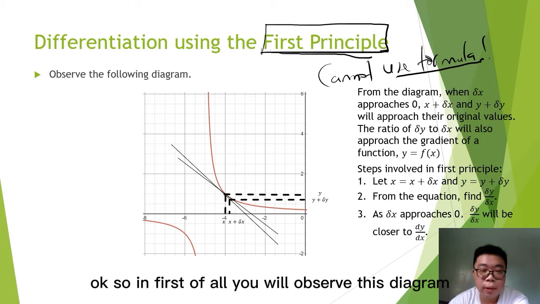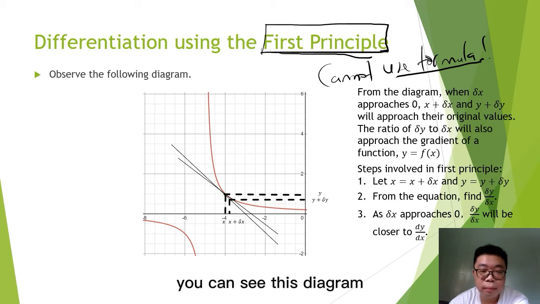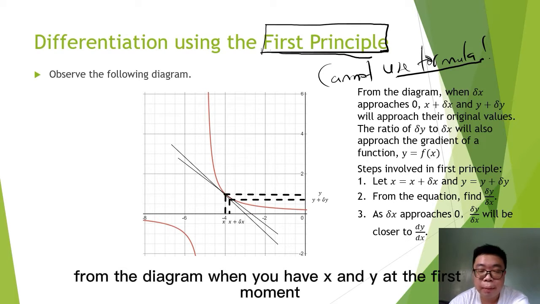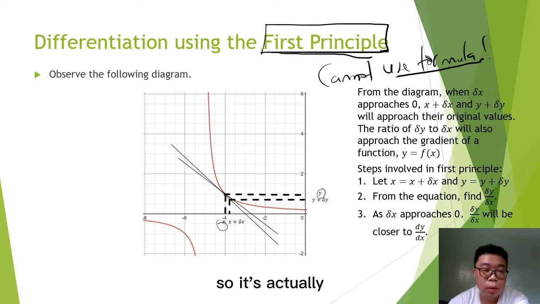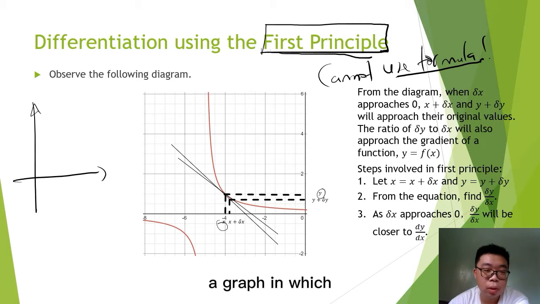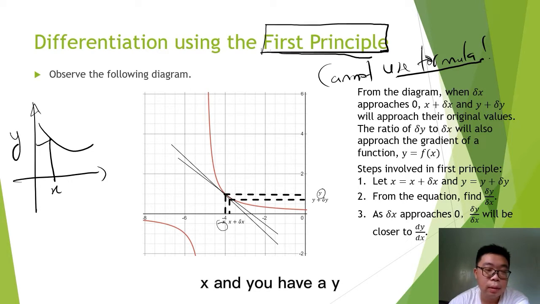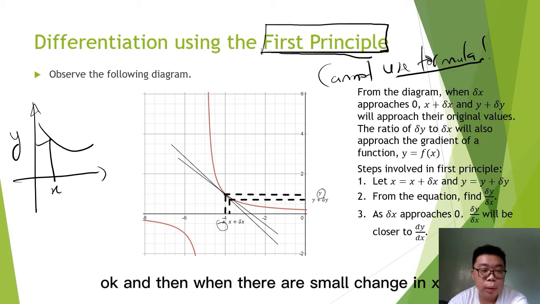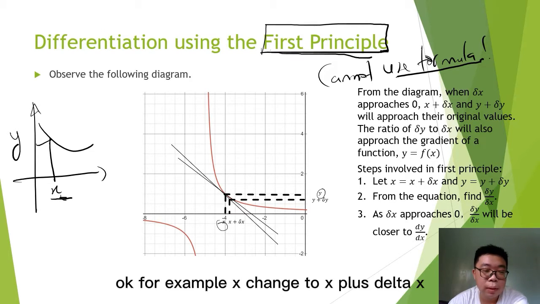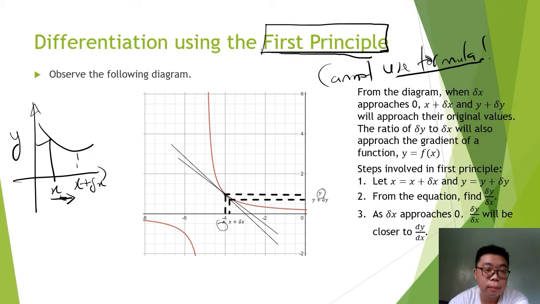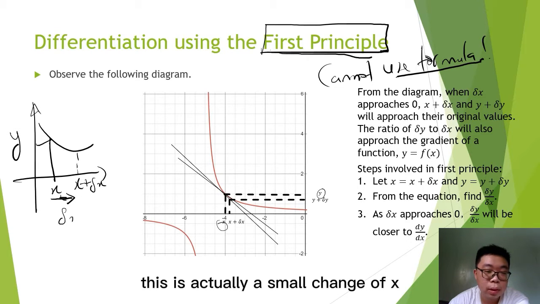Okay, first of all we observe this diagram. From the diagram, you have x and y at the first moment, so it's actually a graph in which you have x and you have y. Then when there is a small change in x, for example, x changes to x plus delta x, this is actually a small change of x.